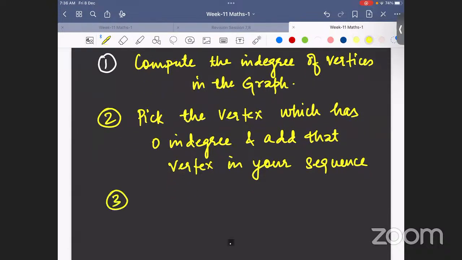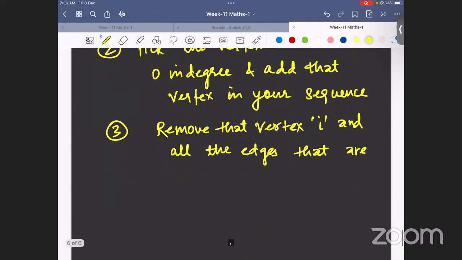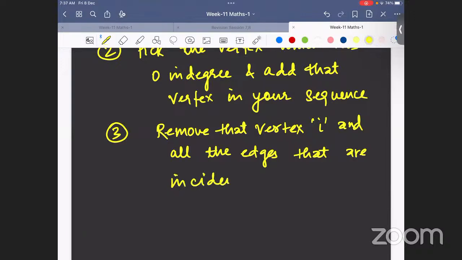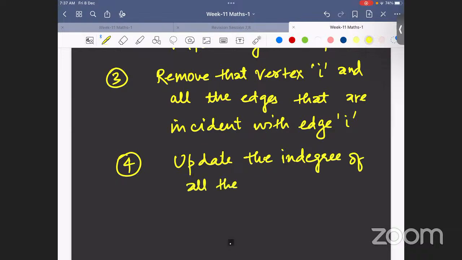The third step is you have to remove that vertex, where the in degree was 0, and also remove all the edges that are incident with it. Then you have to update the in degree of all the remaining vertices.